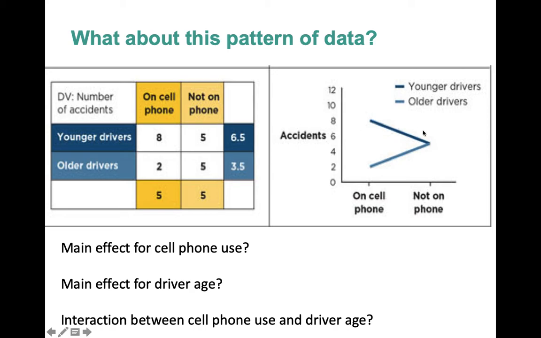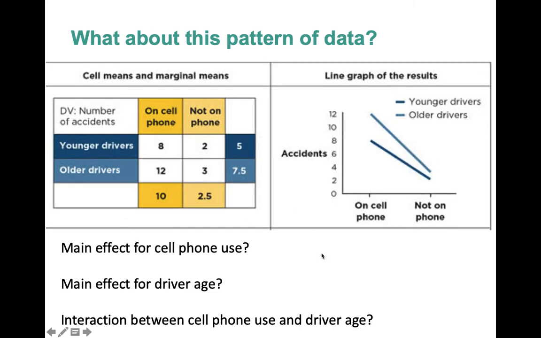Okay, and so that's graphed here, and this is one of these kind of spreading activation graphs. So we have a main effect for age as well as an interaction, because this main effect depends on the level. The effect of age really depends on cell phone usage. There's not a consistent effect of age.